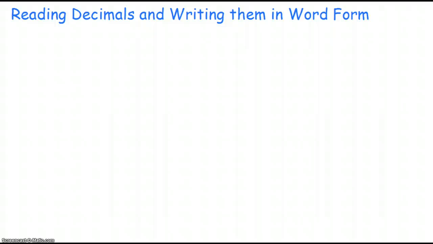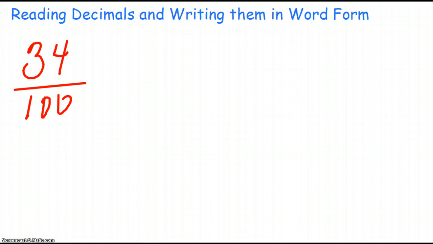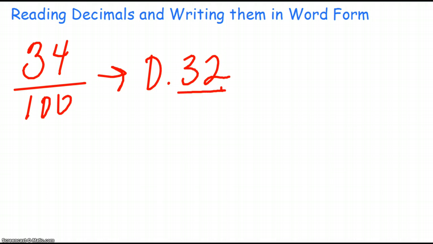So let's try another one. 34 hundredths. So when I write it as a fraction, or as a decimal, you can see I say 34. That's the hundredths column. 34 hundredths.